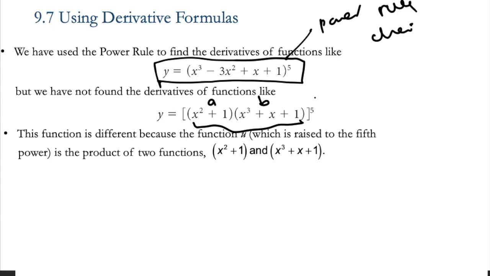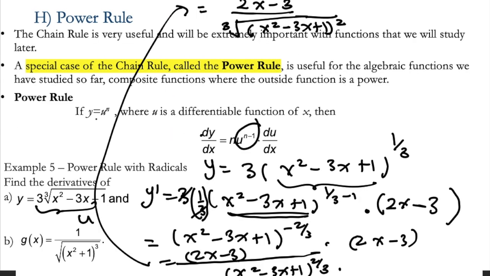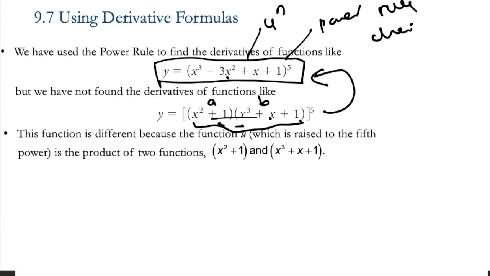So this function is, of course, obviously different from the first one, isn't it? Why? Because the whole function here is raised to the power of 5. But then, it consists of two functions instead of one function. Here you only have u to the power of n. Remember, for this one. Okay? But here, you have A, you have B, not just one.